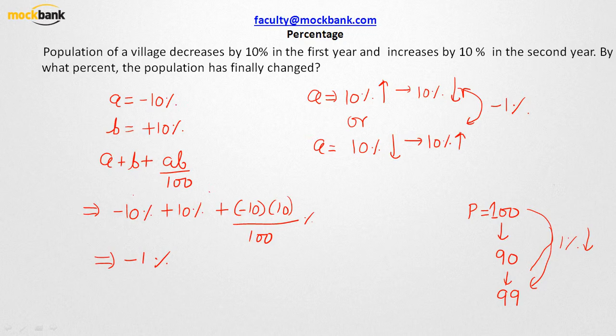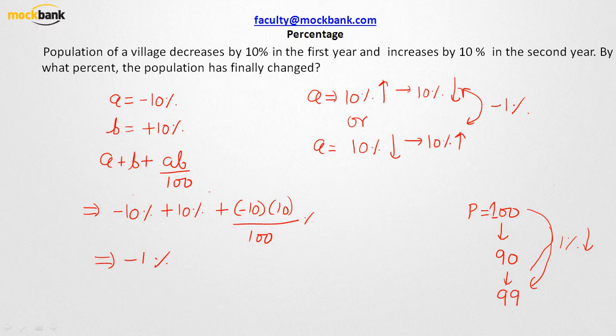The only thing that you need to understand is that you are going to apply the AB formula only in the case where successive percentage changes are happening. If you are more comfortable taking the value 100, that is very good, but sometimes it may backfire. So I suggest that you should be applying the AB formula.